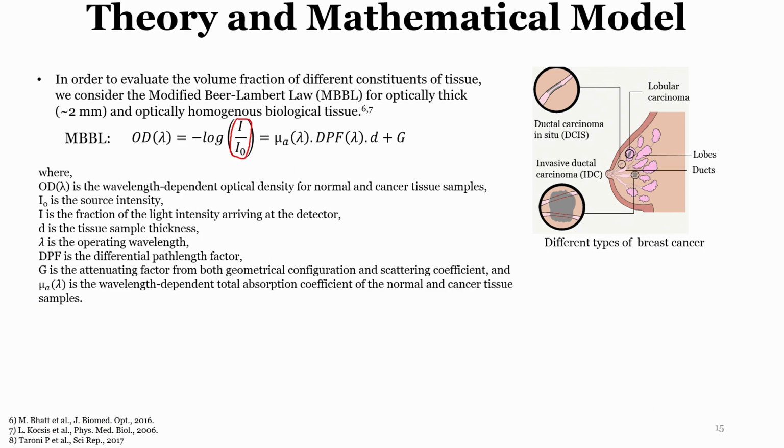If you take the log of that attenuation, you get the optical density, and that is again a function of a particular wavelength. Again you have this tissue, you pass light over here, so you have I naught and you have I. The light that you pass also has a certain wavelength.